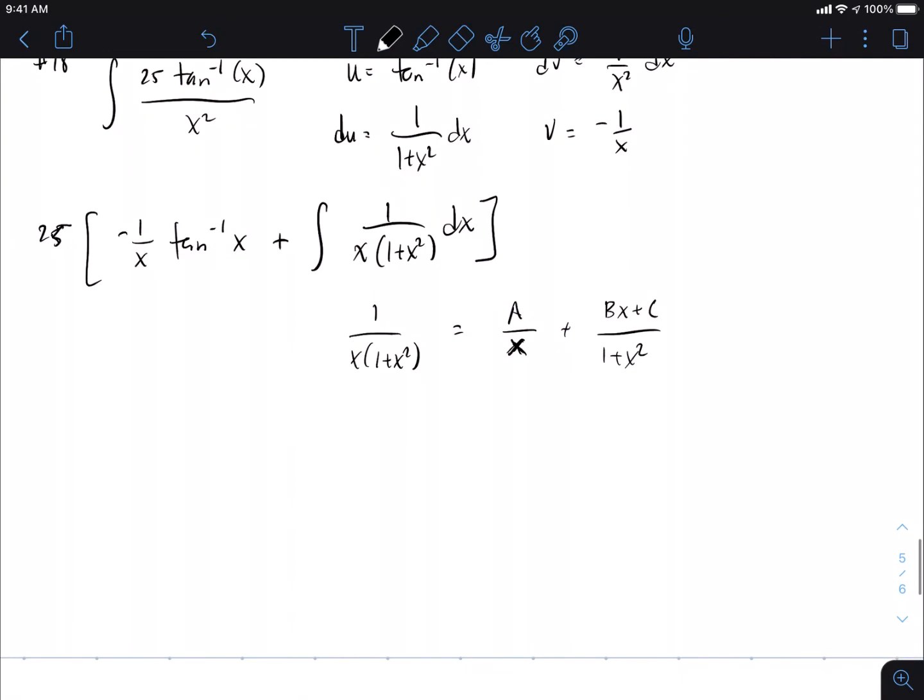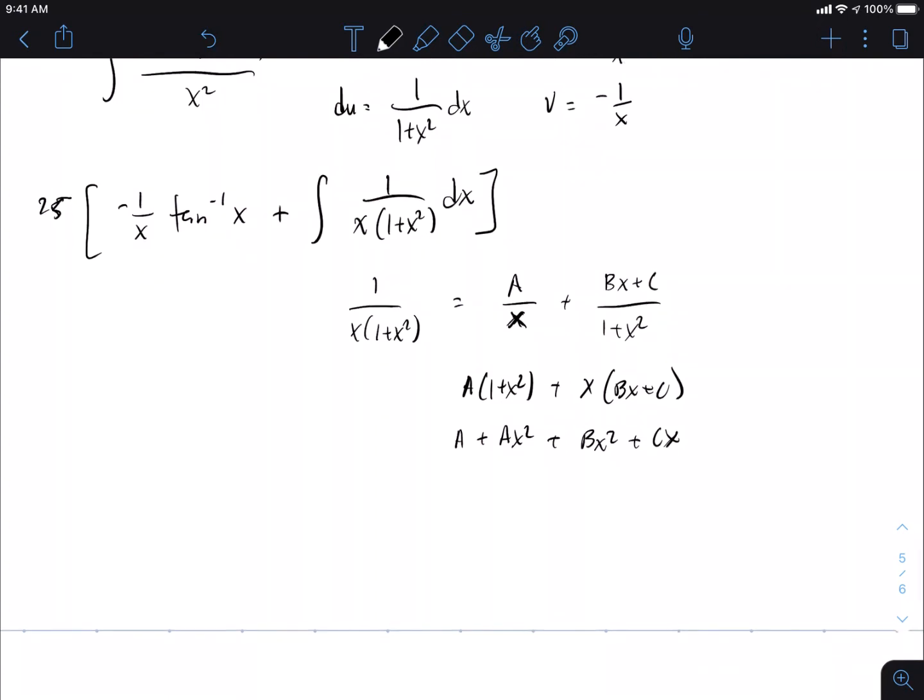And then from here, we're going to get a times 1 plus x squared plus x times bx plus c. So I'm going to get a plus ax squared plus bx squared plus cx, right? Yes. Did I distribute this right?